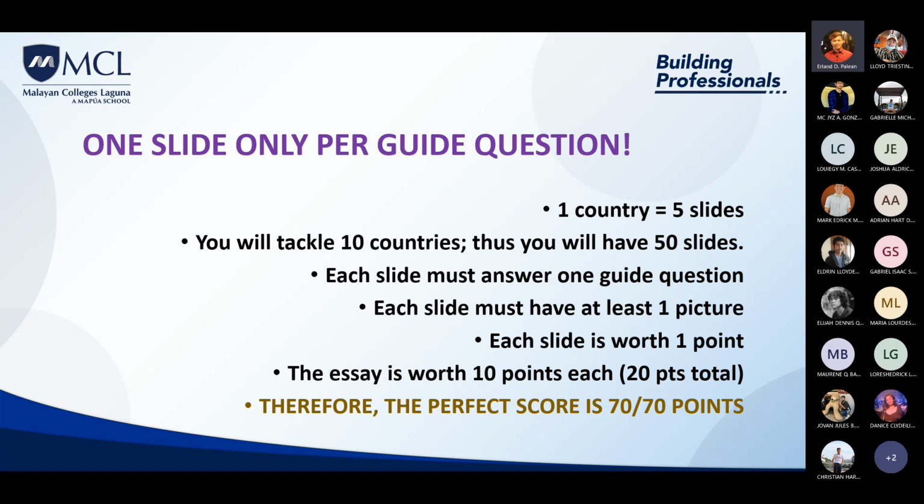And each slide is worth 1 point. So the essay is worth 10 points for a total of 20 points. That means you have 50 slides, 50 points, plus 20 for the essay questions. So you will have a perfect score of 70 points.